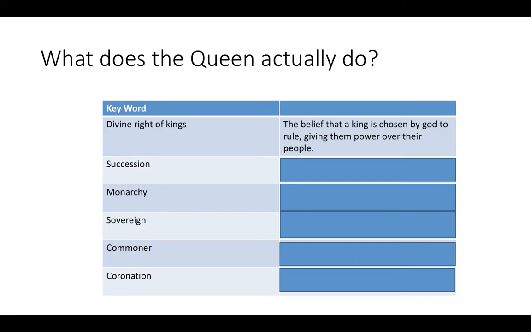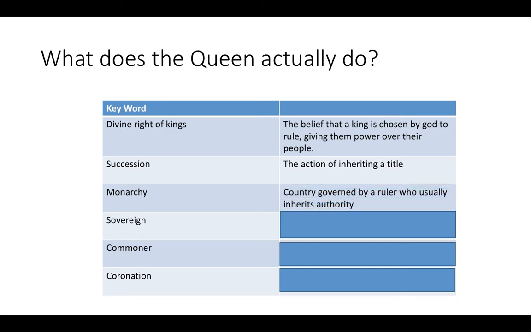The word succession is the action of inheriting a title. So a succession is the person who comes after the king, who the king is passing his power on to. The word monarchy is a country governed by a ruler who usually inherits authority. So in England we have a monarchy, we have a queen who inherited the throne from her father.